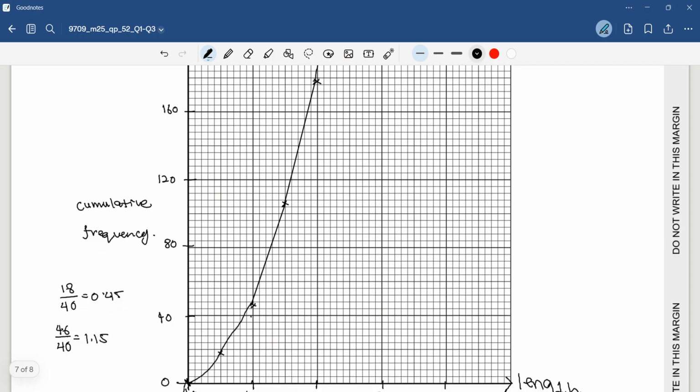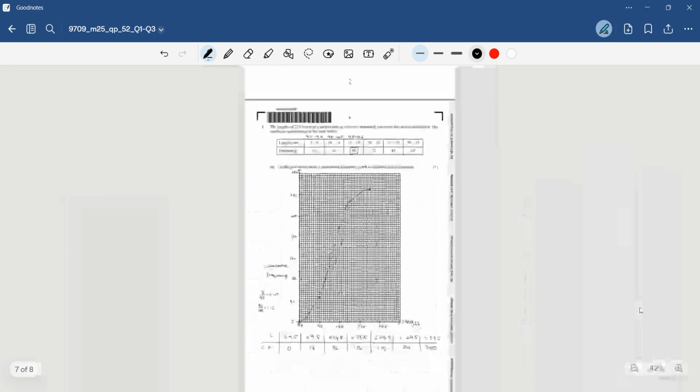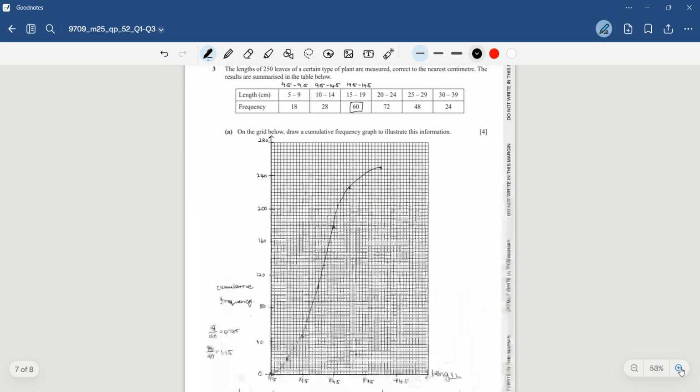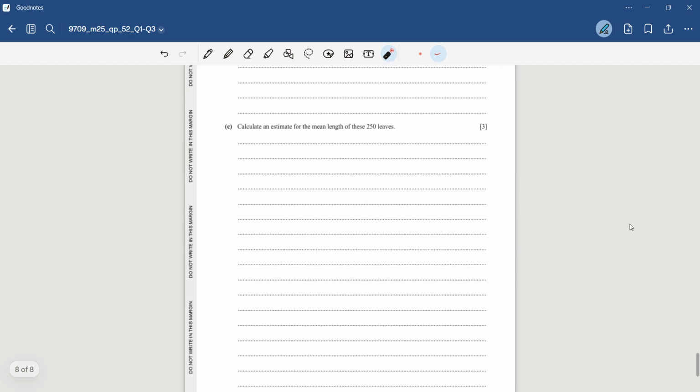Okay, it's something like this. So make sure you label your axis, cumulative frequency, and the length. It's quite important.